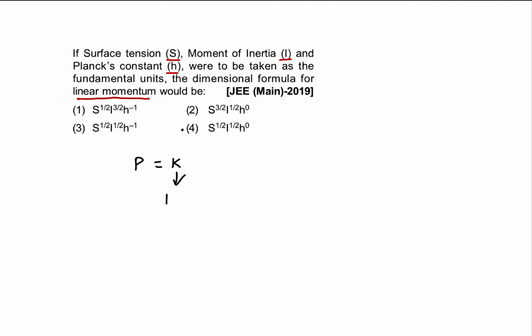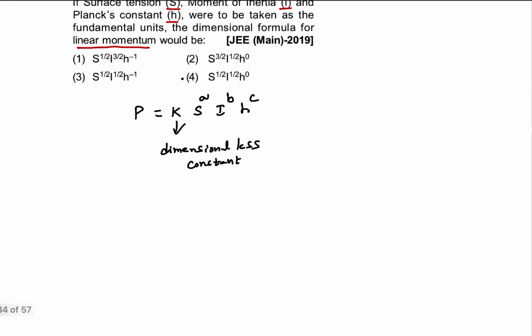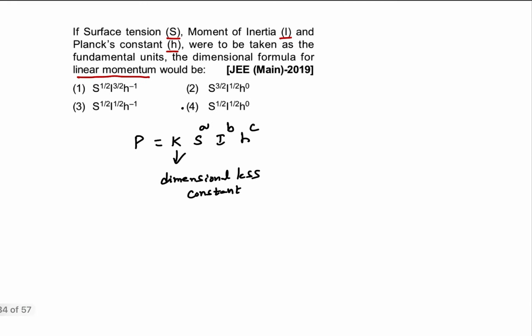So I am writing linear momentum P is equal to a dimensionless constant, then S power A, moment of inertia power B, and h power C. I am writing dimensional formulas of this.